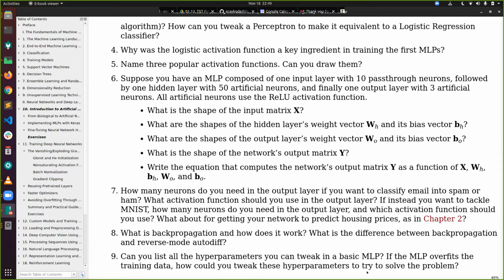Okay. Next question. Can you list all the hyperparameters you can tweak in a basic MLP? If the MLP overfits the training data, how could you tweak these hyperparameters to try to solve the problem?